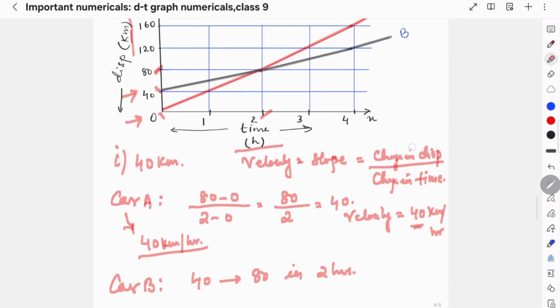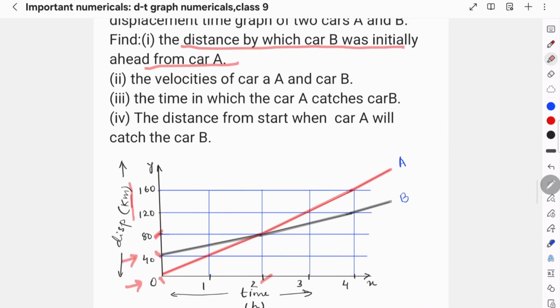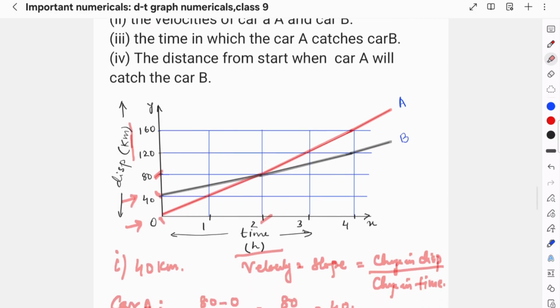Now see the last part, the third part, the time in which car A catches car B. So now in this situation, these two lines are intersecting at the point where the time is 2 hours and the distance is 80 km.